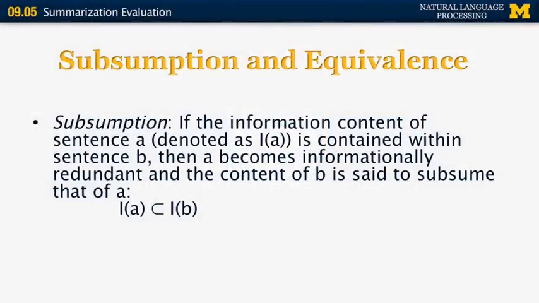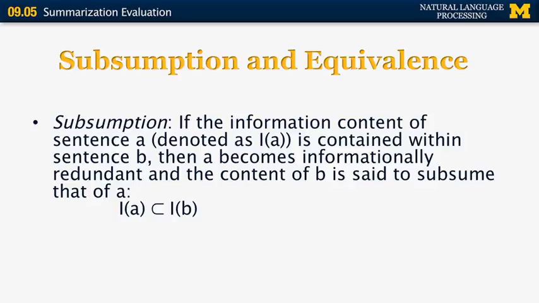So let's see how this is related to subsumption and equivalence. Subsumption is when the information content of a sentence A is contained within sentence B. So A then becomes redundant in the context of B. The information content of A is subsumed by the information content of B. So we can skip sentence A if sentence B is included in the summary.